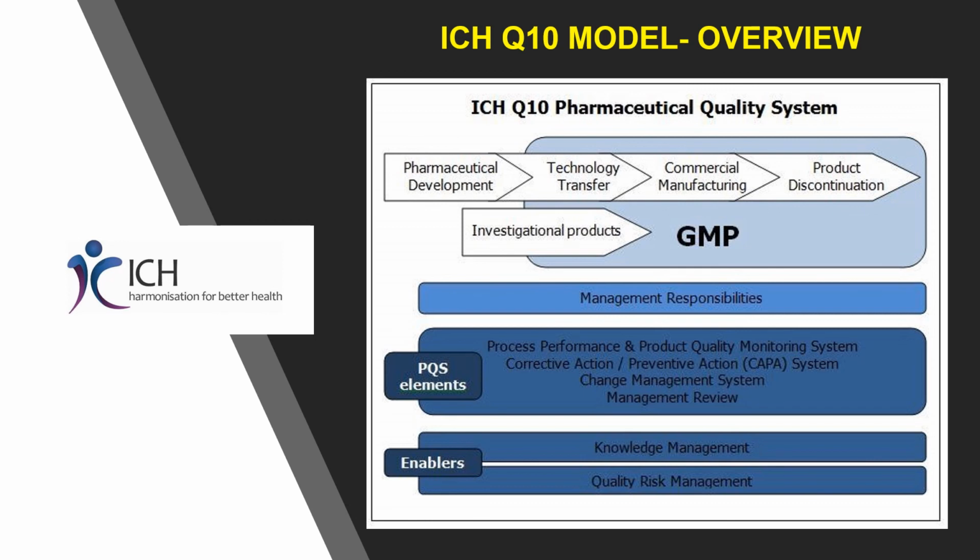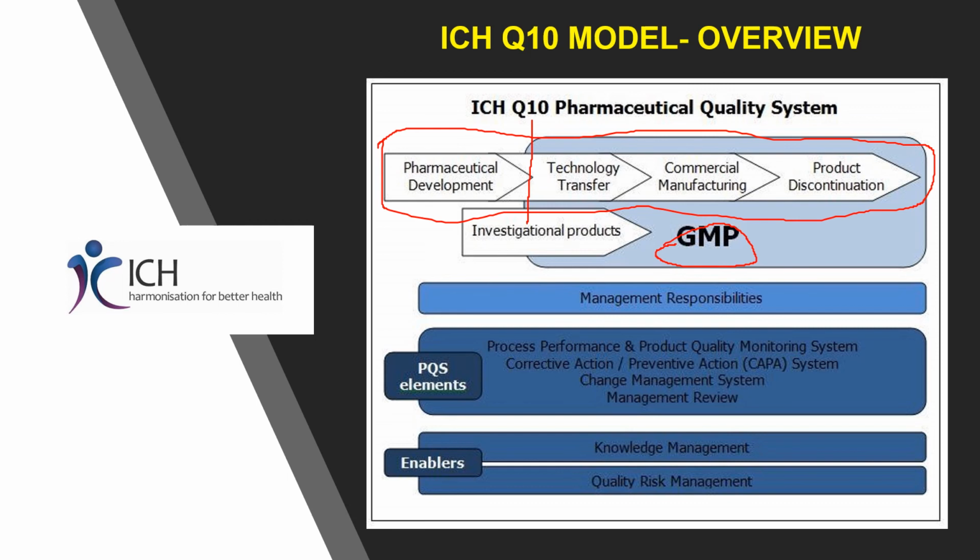Finally, the guidance gives an overview of the ICH Q10 model. If we can see, it covers the four important manufacturing stages of the product, that is pharmaceutical development, technology transfer, commercial manufacturing and product discontinuation. Now, as it is shown, the GMPs are majorly involved right from the technology transfer phase.